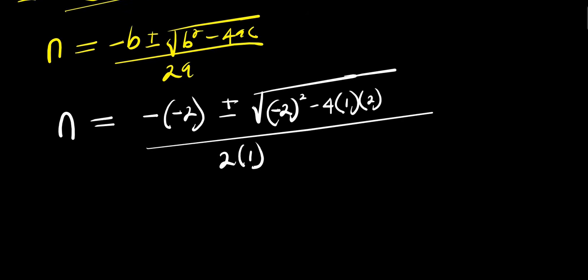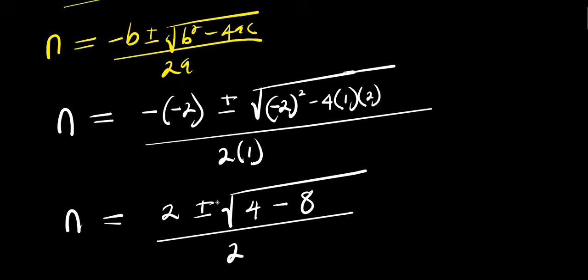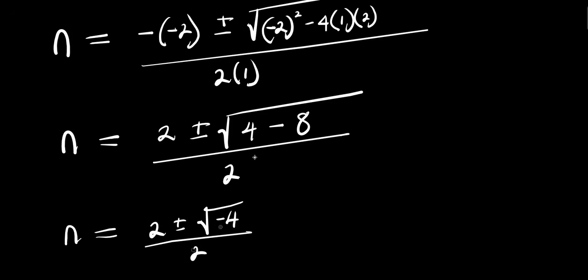And from here, we have n equals 2 plus or minus square root of 4 minus 8, divided by 2. And from here, we have n equals 2 plus or minus square root of negative 4, divided by 2, because 4 minus 8 is negative 4.